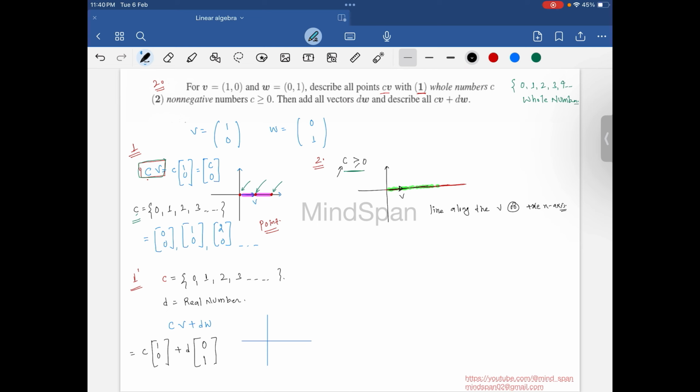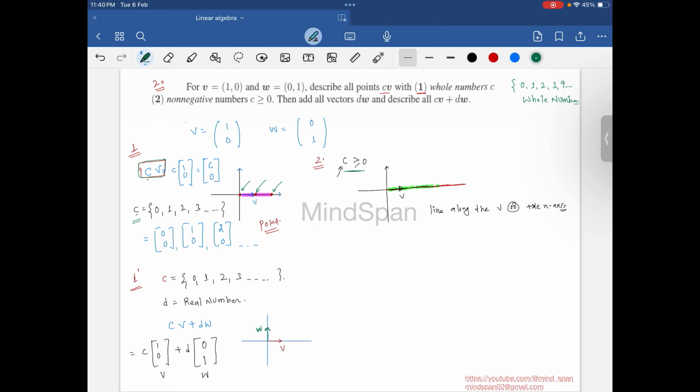So if I have to draw this v and this w, I can draw it, right? We have seen the way of drawing vectors. So this will be your vector v in this direction, and this will be your vector w in this direction, right?